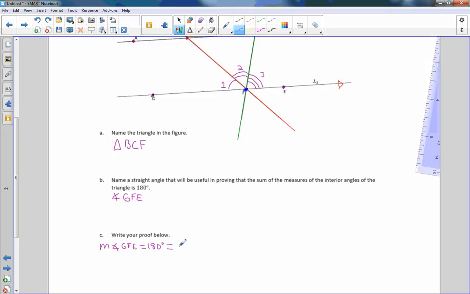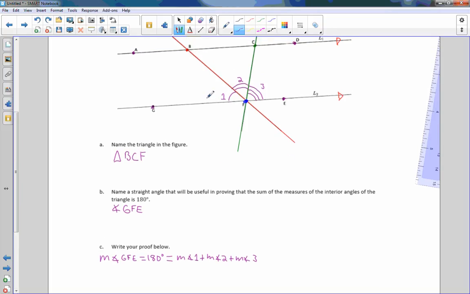And those equal the measure of angle 1 plus the measure of angle 2 plus the measure of angle 3. So let's just take a look at that. We know GFE is a straight line, therefore it equals 180 degrees. Angle 1 plus angle 2 plus angle 3 make that straight line, so the sum of those three angles is also 180 degrees. That's step 1.